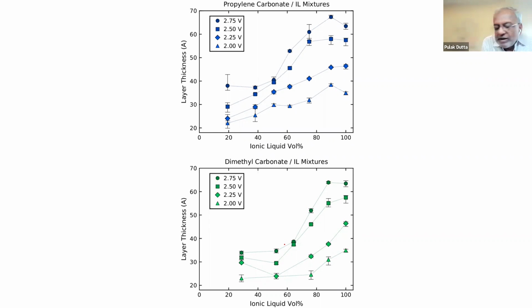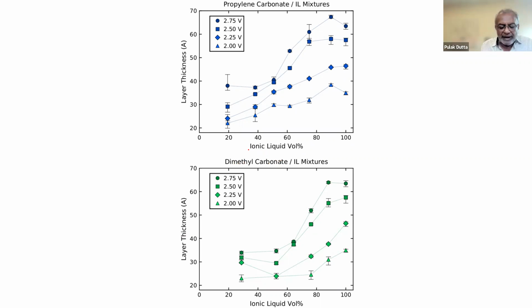But no, it's not so simple. It turns out that simulations have been done and confirm that in the PC layer, you'll have fewer cations. This data doesn't show it, of course. This is just the thickness, not the density, but it's going to have fewer cations than the non-polar solvent. But it's a small effect.